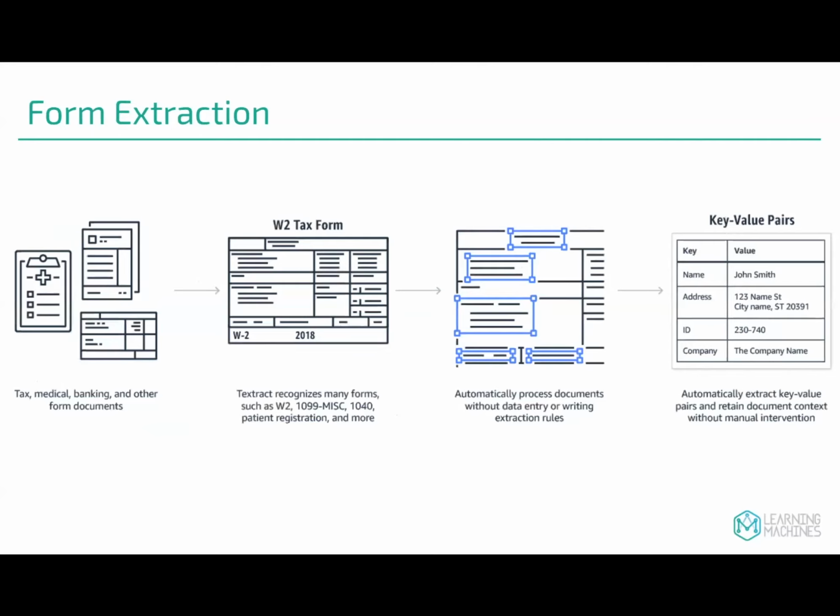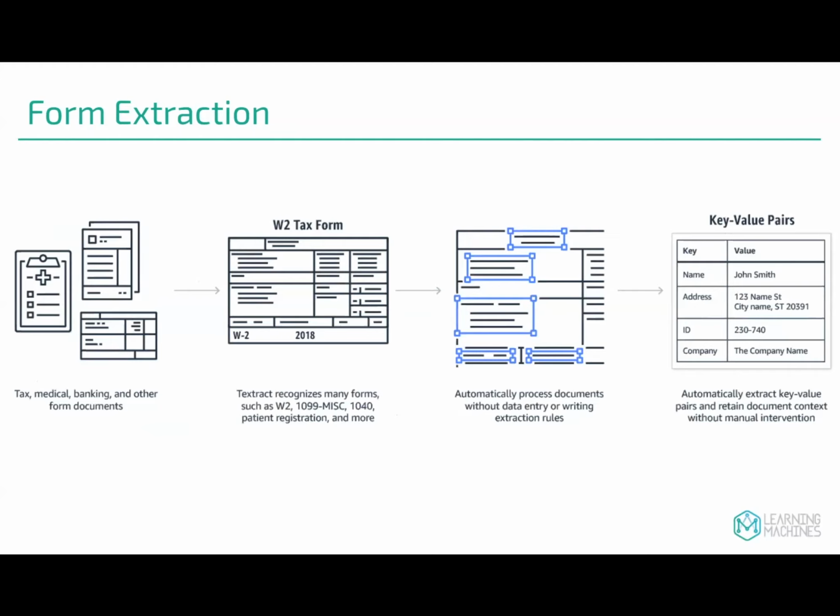Another ability of Textract is to extract forms, form data which may be present in a document. So for instance, things which are represented in key value pairs, like the name of a person, or his address or telephone number or ID documents and so forth.